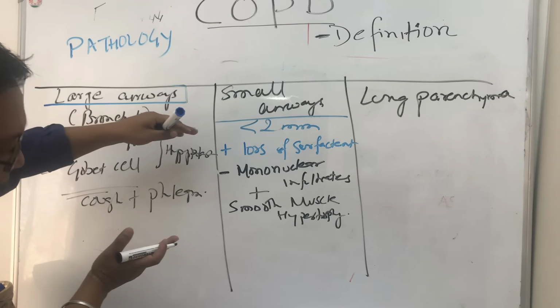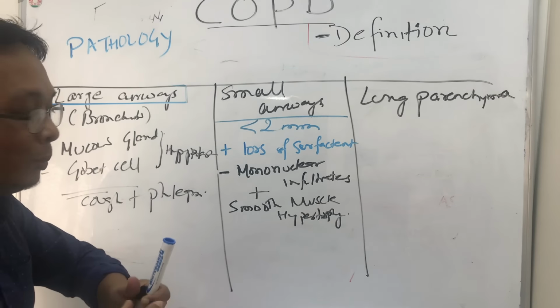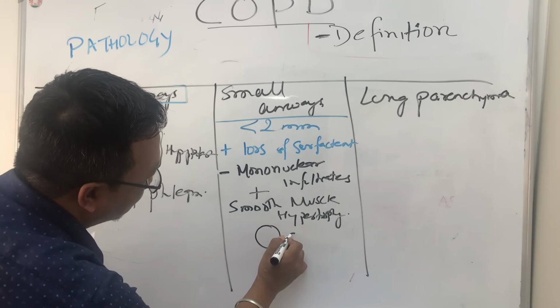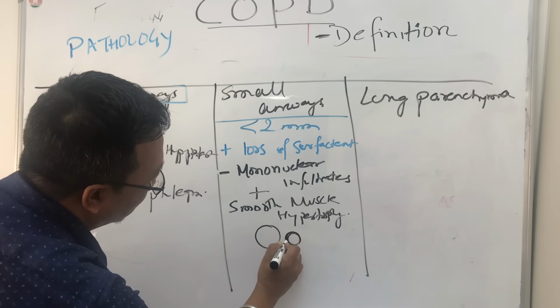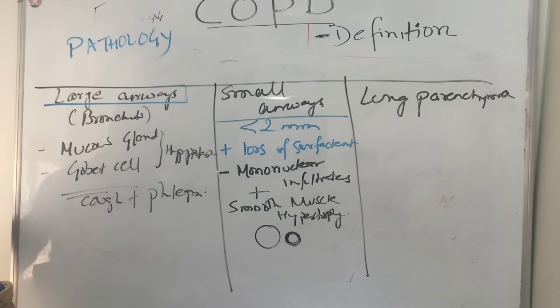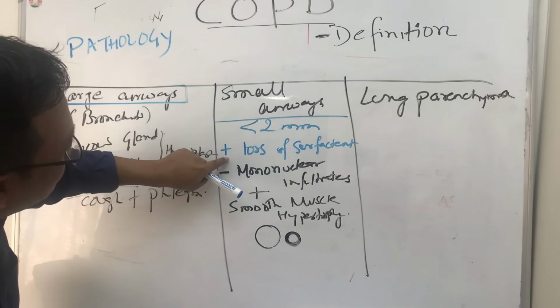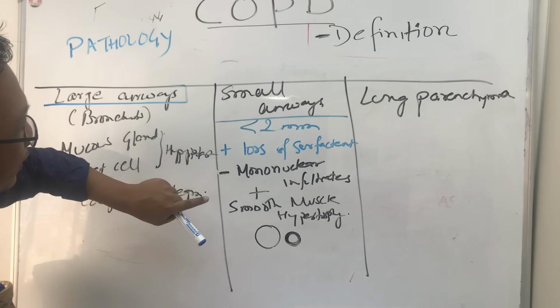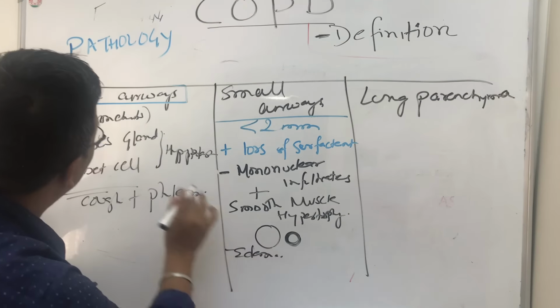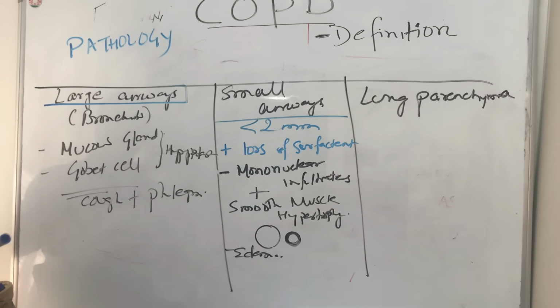So as a result, together they are causing what? They are causing luminal narrowing. So the airway is normally like this, now it has got narrowed. There will be luminal narrowing because of so many combined factors. So loss of surfactant, mononuclear infiltrates, plus smooth muscle hypertrophy, plus edema, along with mucous gland hyperplasia and goblet cell hyperplasia.